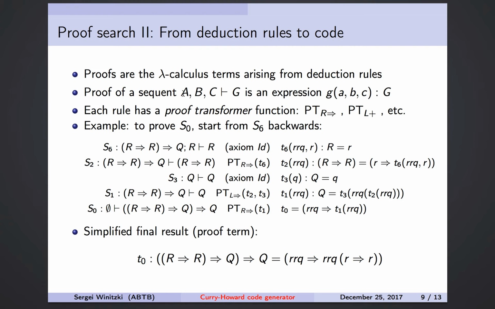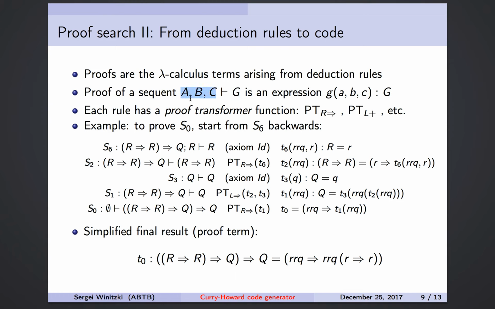Now, proof of a sequence, if we had a sequence like this, then proof of the sequence is an expression which has this form. It's some kind of function of the arguments a, b, and c, such that the result of this function has type G. And the arguments of this function have types A, B, and C. So recall that sequence corresponds to function type. So on the left are the function arguments, or rather, types of the function arguments.